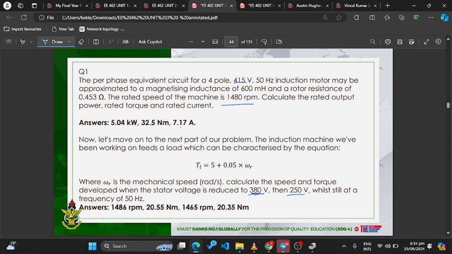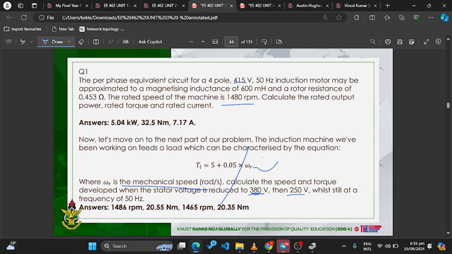Okay. So what is confusing a lot of people is that when they solve and they go back and look at the solution inside here, they found the speed and they are now doing some pole pair thing, and they said, but this speed is already in mechanical speed because of what is here. So why are we converting to mechanical speed?